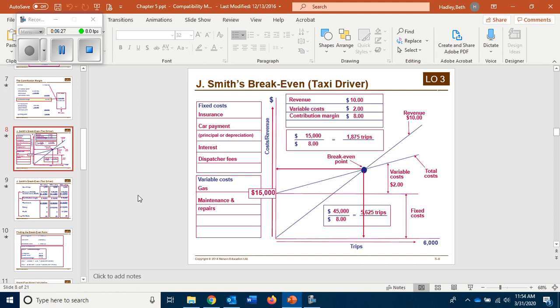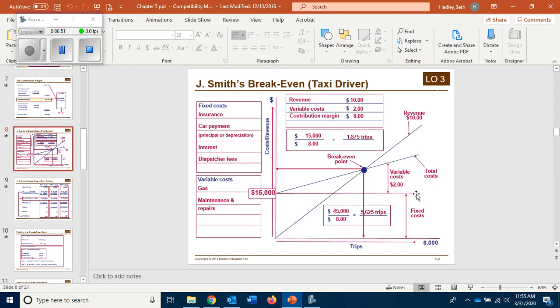Fixed costs are the insurance, because we've got to pay insurance no matter what. Car payment, we've got to pay car payment no matter what. Interest, same thing. We've got to pay interest on our car loan no matter what. And we've got to pay dispatch fees no matter what. So that's $15,000 right here. And you can see that straight line.